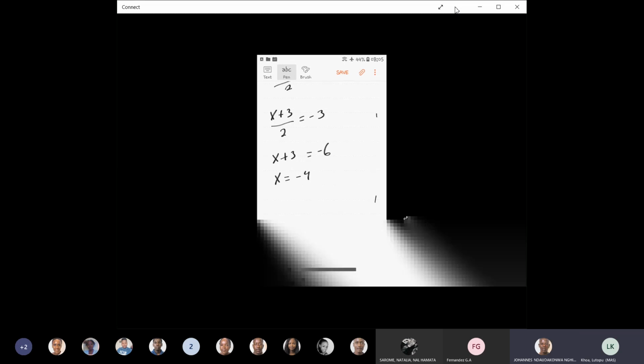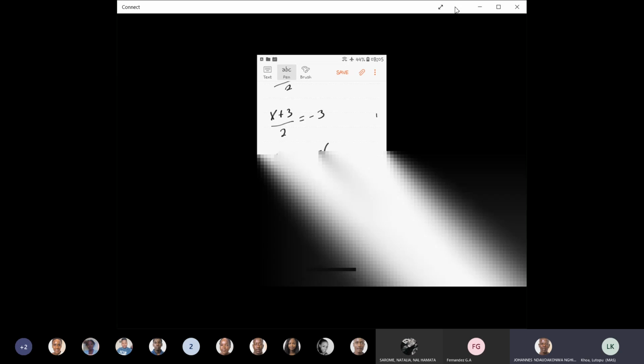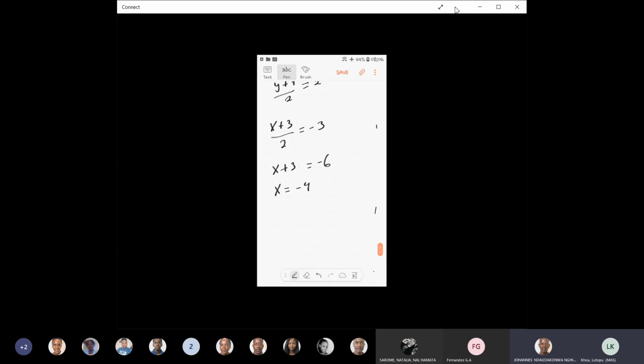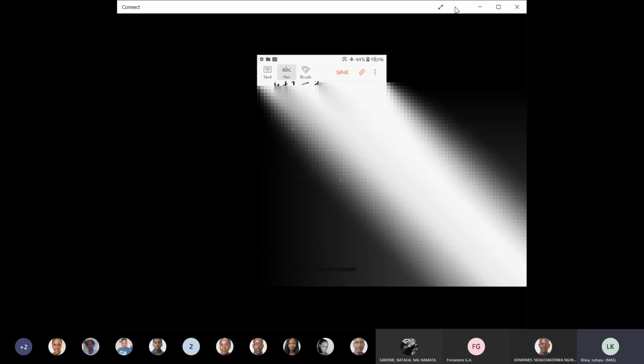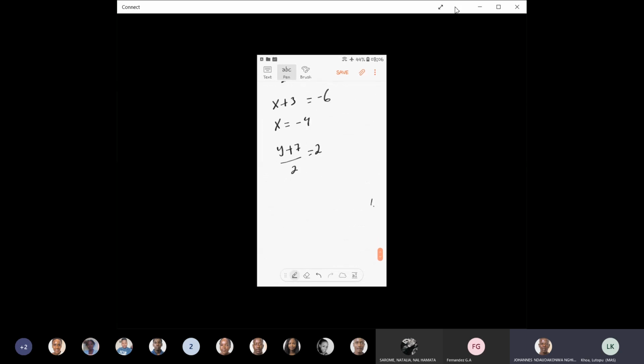And then for the y coordinate, I have (y plus 7) over 2, and this is equal to 2, so I put a 2 over there.